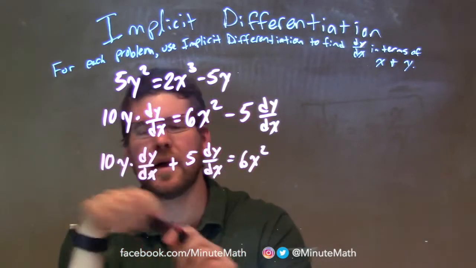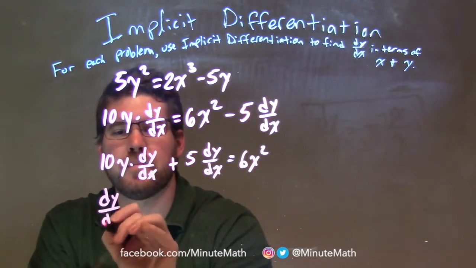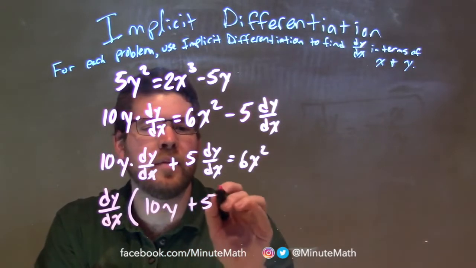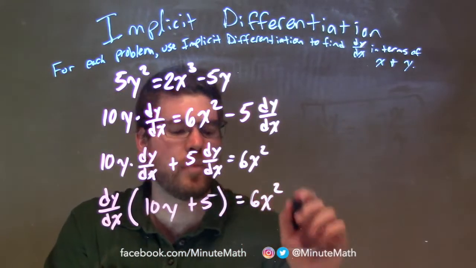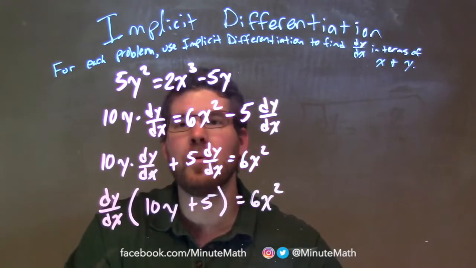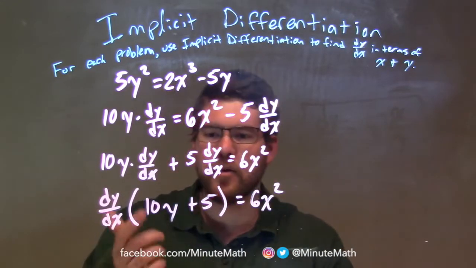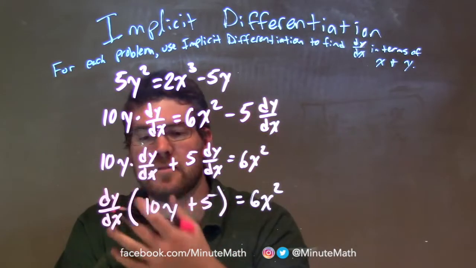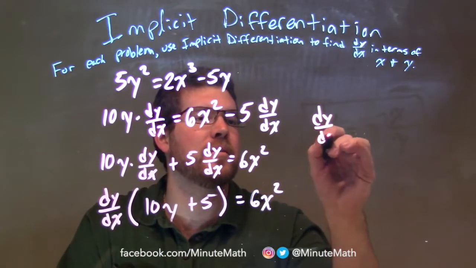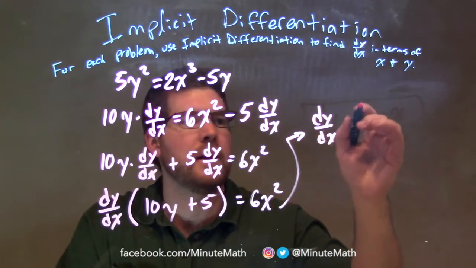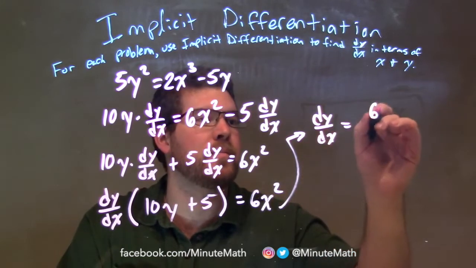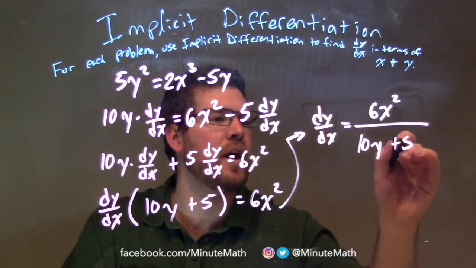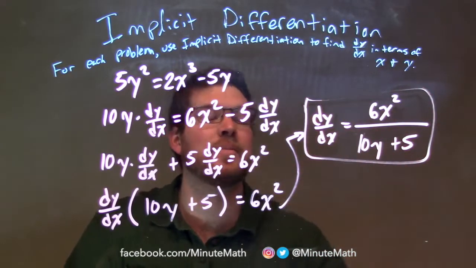What I can do is pull out a dy/dx outside, and that leaves me with 10y plus 5 on the inside, equal to 6x squared. So now, when I finish this, I'm going to divide by 10y plus 5 on both sides, leaving me dy/dx. So I have dy/dx here is equal to 6x squared over 10y plus 5. And there we have it, our final answer.